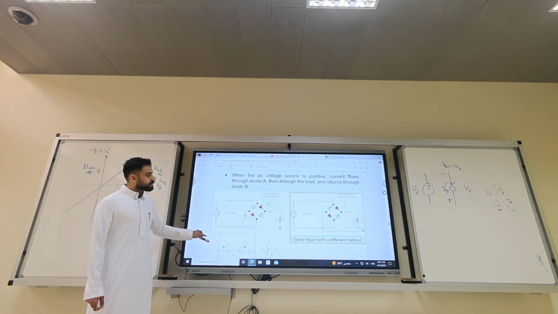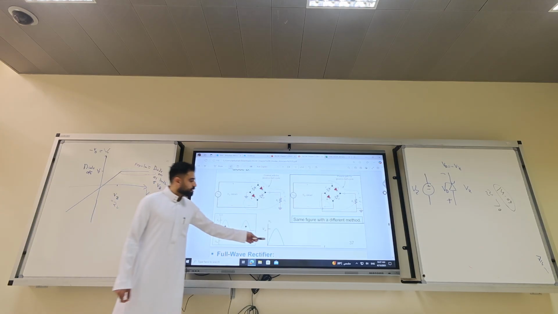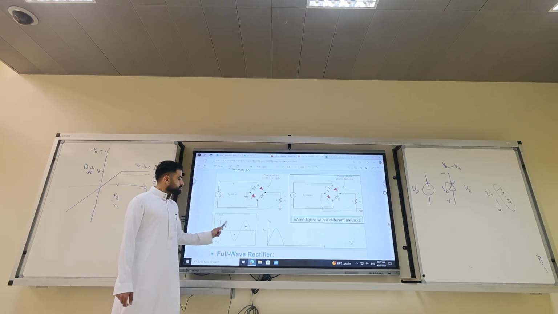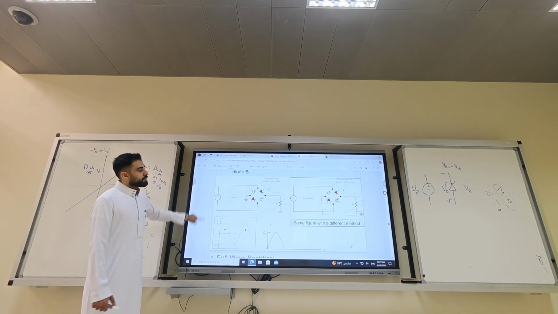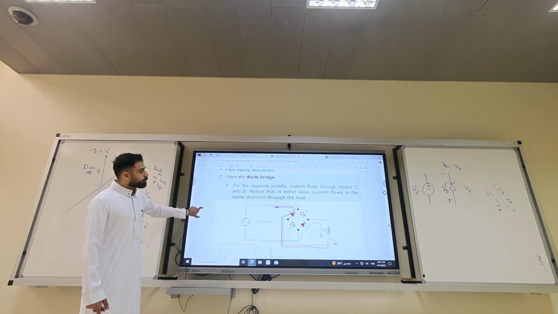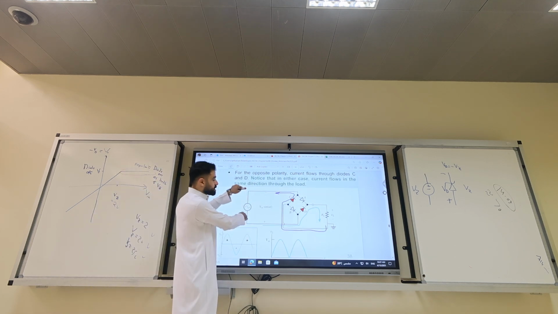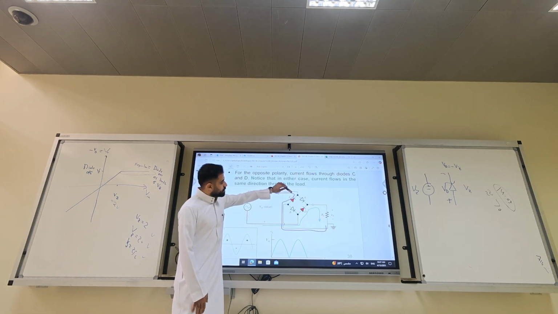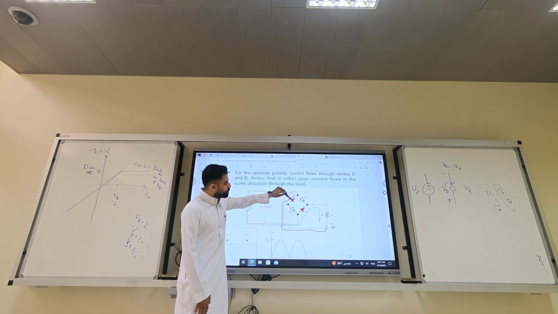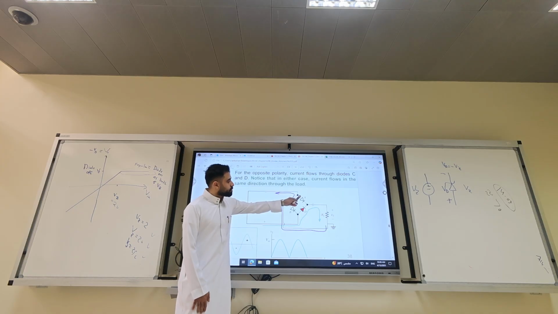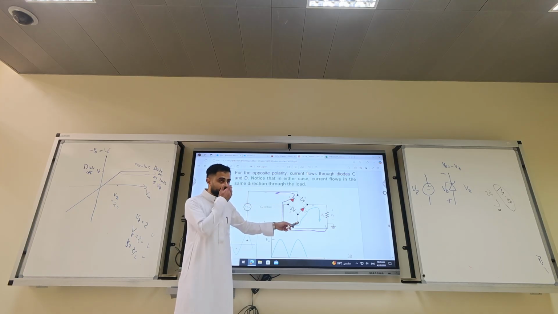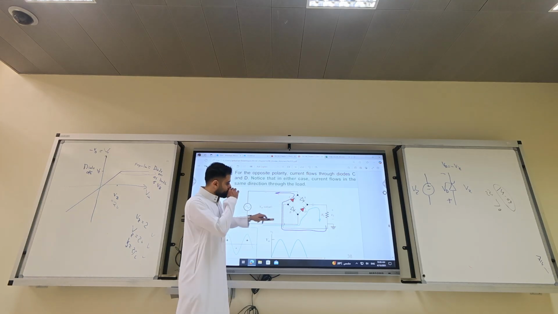So what will happen here? At the positive cycles we have a load voltage. At the negative polarity, if this source is negative, we have more negative at the cathode here than the anode. So A will be off, B will be off.